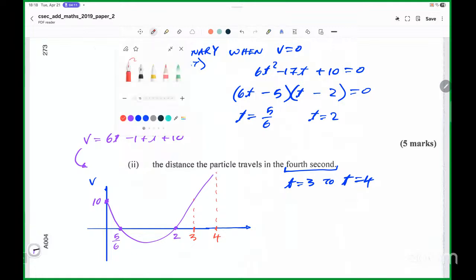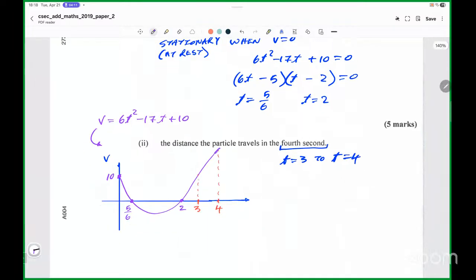What do we know about distance traveled from a velocity time graph? How do you get distance from a velocity time graph? Area, don't you? So the distance traveled is the area under here. Now, when you have the equation of a graph, how do you find area?